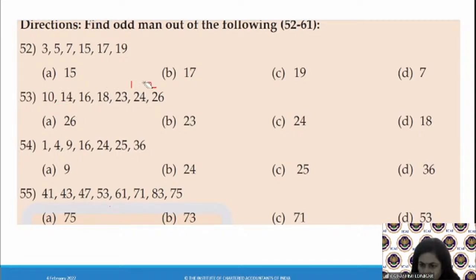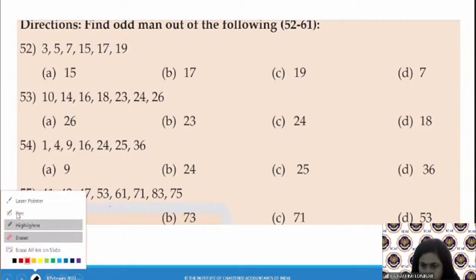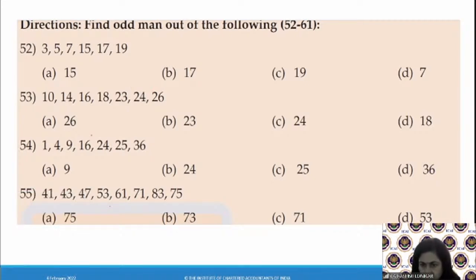So I must find some other way. This difference is 4. This difference is 6. What about here? This is 6. This is 7. So again, I am not able to see any similarity. So let me go further ahead.